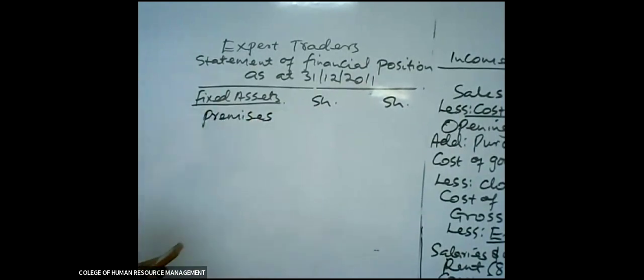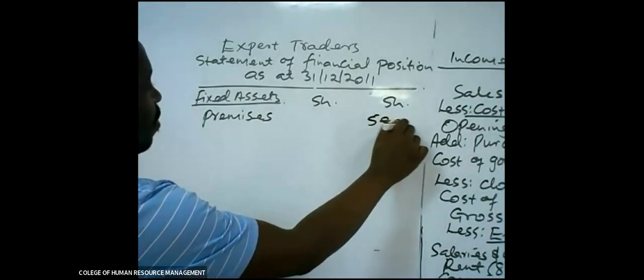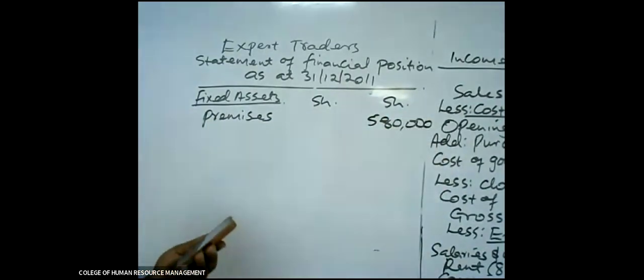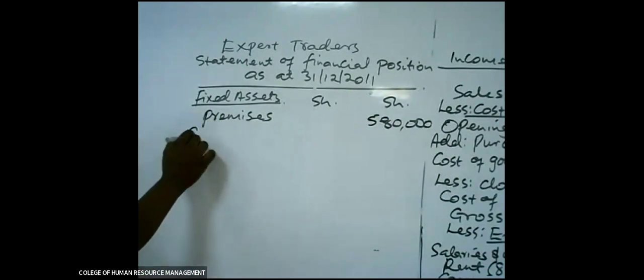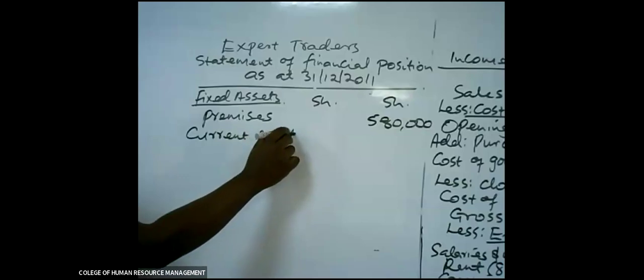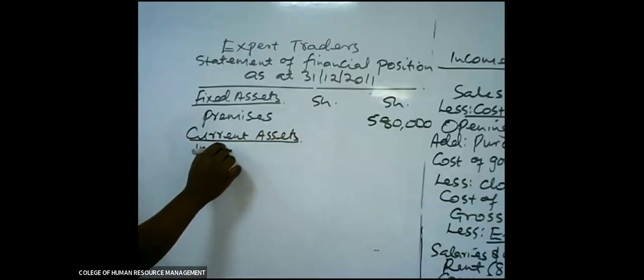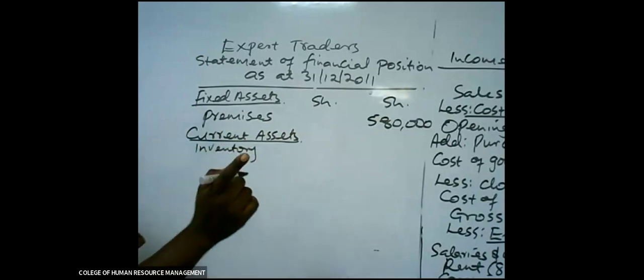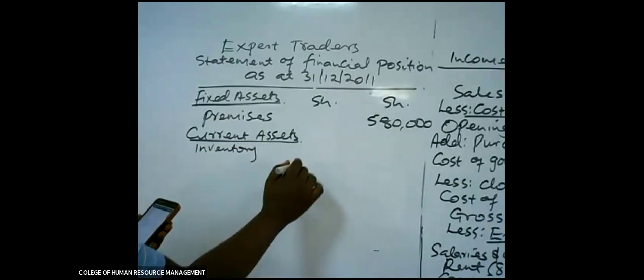I told you that is land and buildings combined, 580,000. That is like the net book value. No other fixed assets. Come here and capture current assets. Start with the closing inventory. It was given as additional information bullet 1, 71,400.